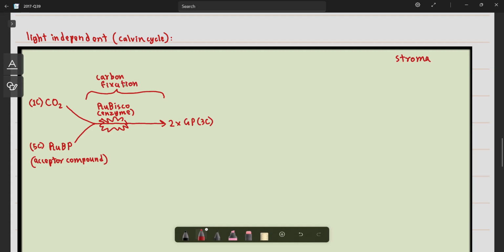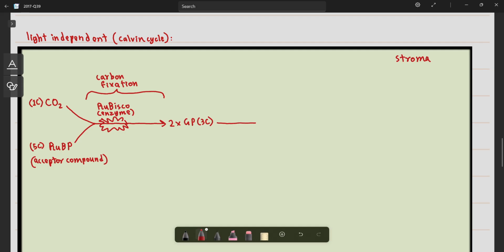This process where carbon dioxide and RuBP are combined together to form two molecules of GP, catalyzed by the Rubisco enzyme, is called carbon fixation because the carbon dioxide is being fixed into RuBP to form this new compound, the two molecules of GP.